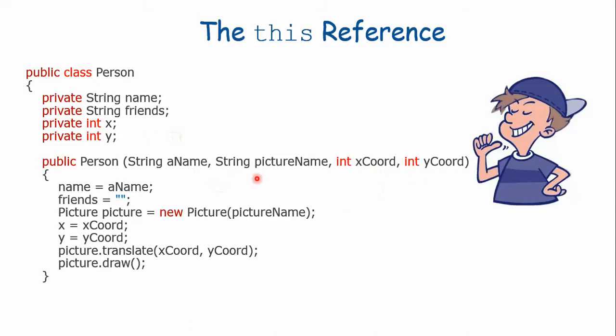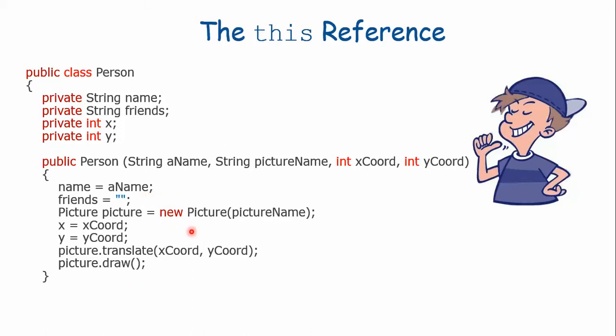As you can see, we don't have a picture name as an instance variable. It will get its own picture. It is not required right now, but name, x coordinate and y coordinate have their respective instance variables name, x and y.